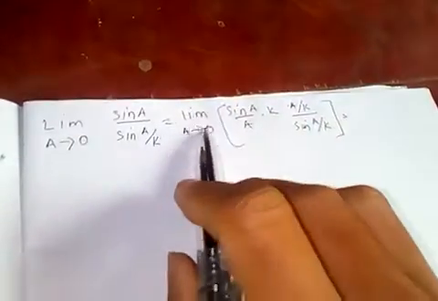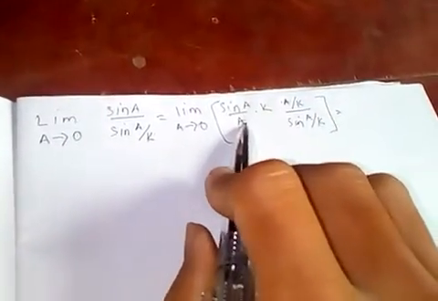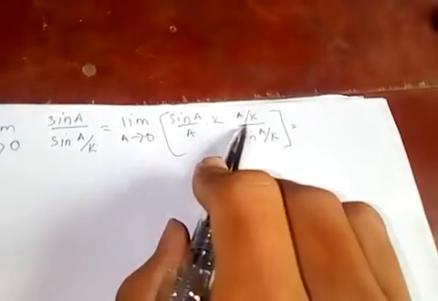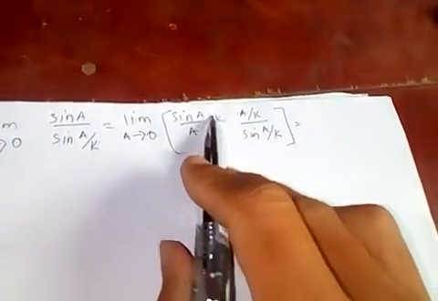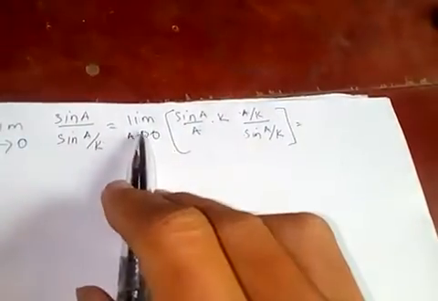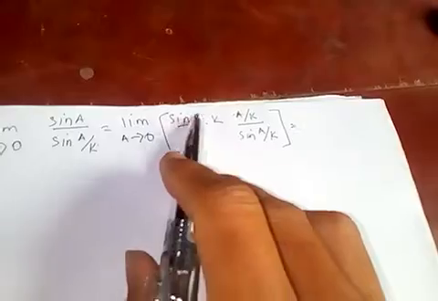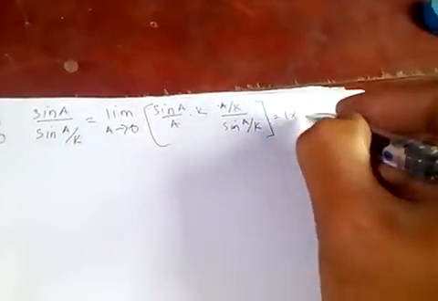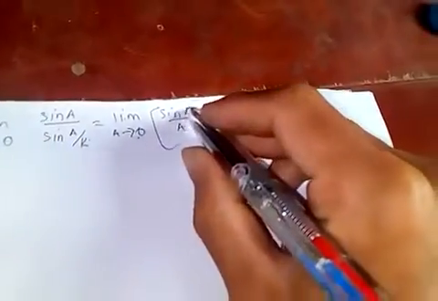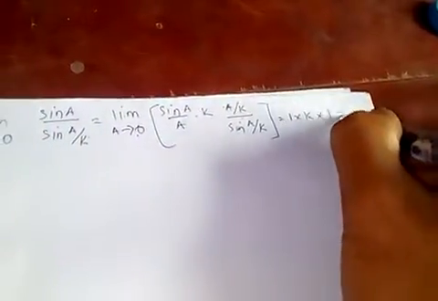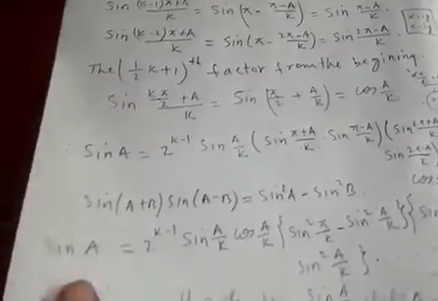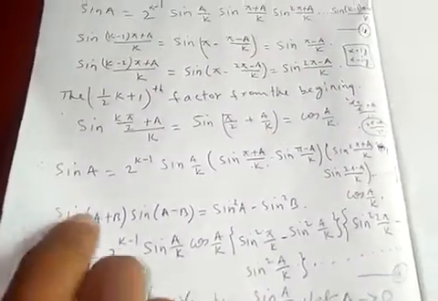So we know the limit as A tends to 0 of sine A over A, from properties of limits, this limit will come here and here again. This will not go here because here is A, this is not A, so this is k. So we know the limit as A tends to 0 of sine A over A is 1, into this k, and this also the same thing, so just 1. So the left hand side is just k.